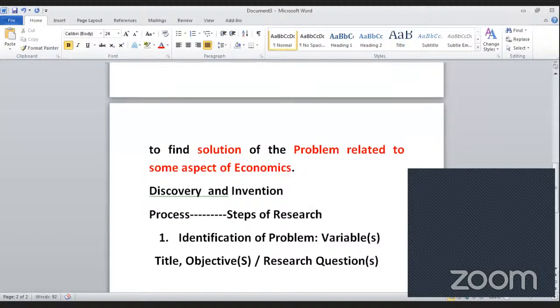So as a researcher, you have to first select the variable and then select the title. And after writing the title, then you should write your objectives, or you should write your research questions. And your objectives or research questions must be pinpointed. Your title cannot be pinpointed. Now, once you have written that, then the second step is formulation of hypothesis.